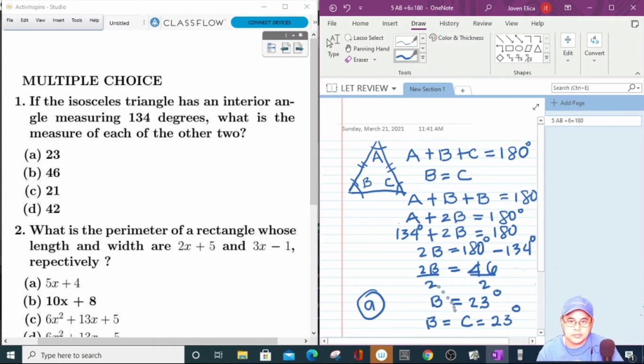The other two are angles B and C, which are opposite the congruent sides, which are also equal. All right, so the answer is letter A.